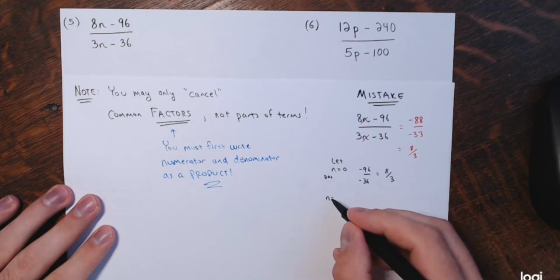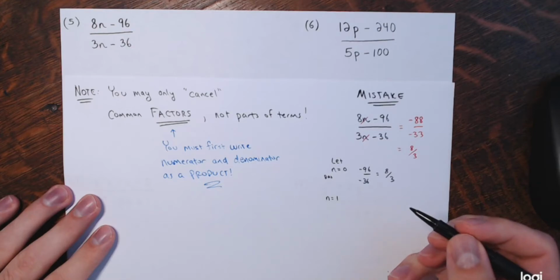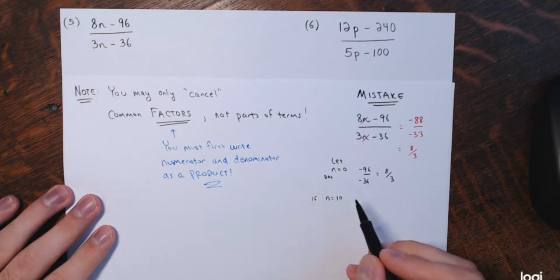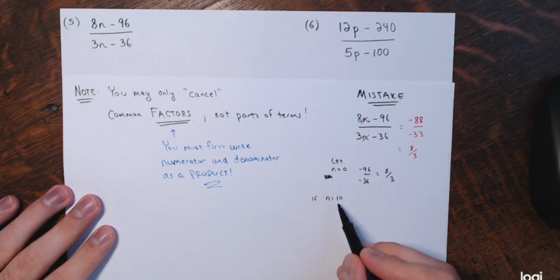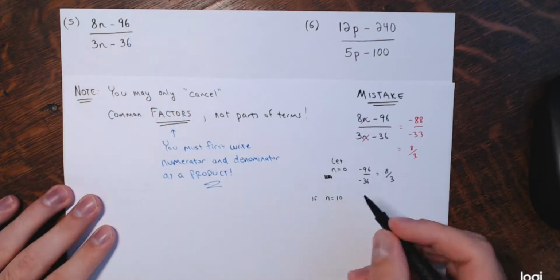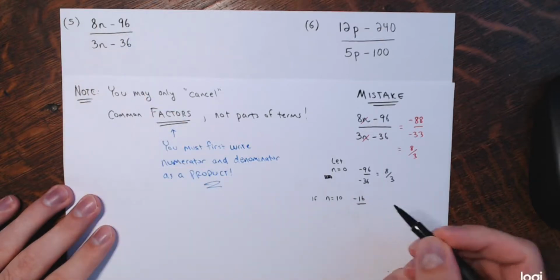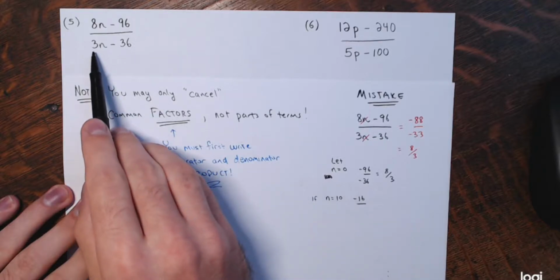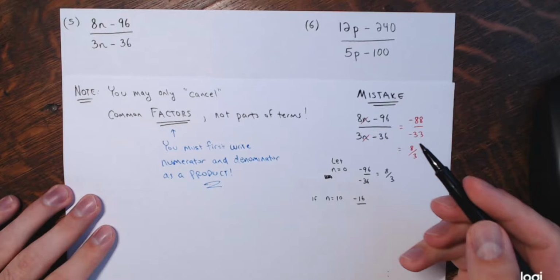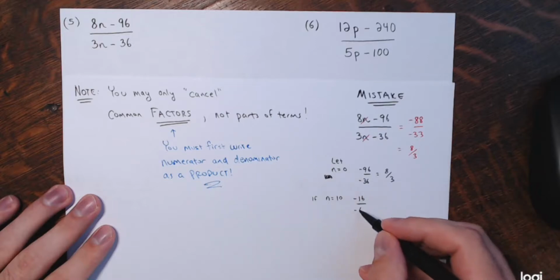If n were equal to 1, you know what? I'll make it easier. Make it 10. How about if n were 10? You'd have 80 minus 96, which would be negative 16 in the numerator. You'd have 30 minus 36, which would be negative 6 in the denominator. 8 times 2, 3 times 2.